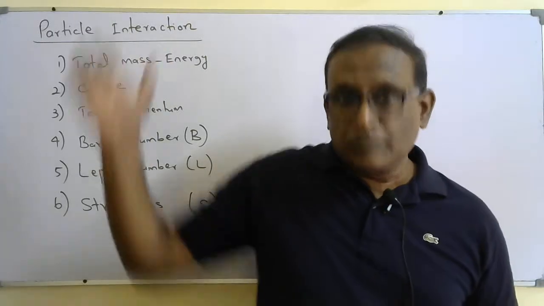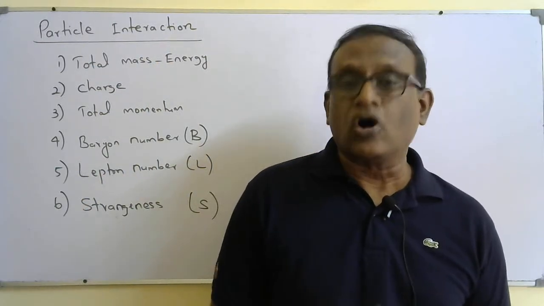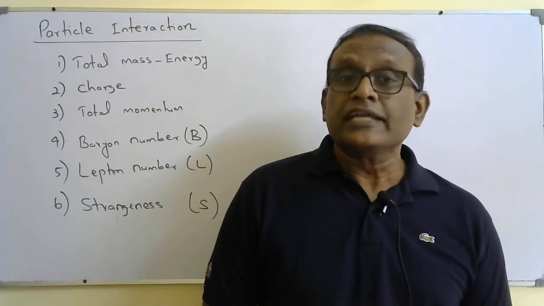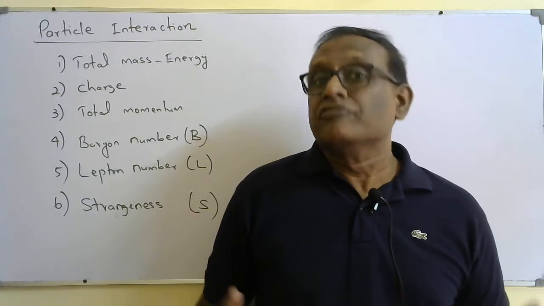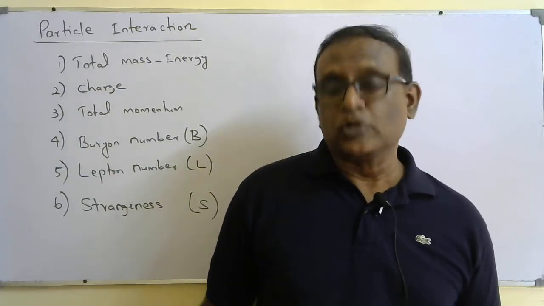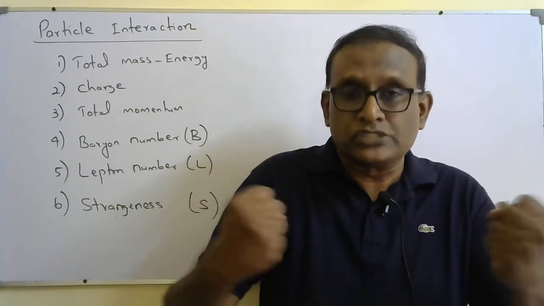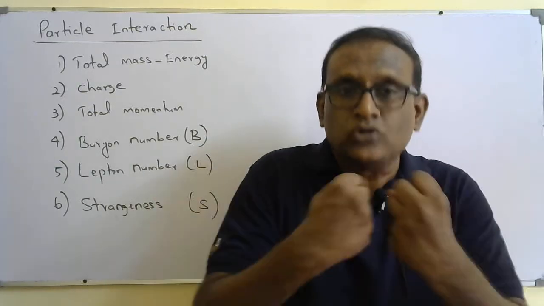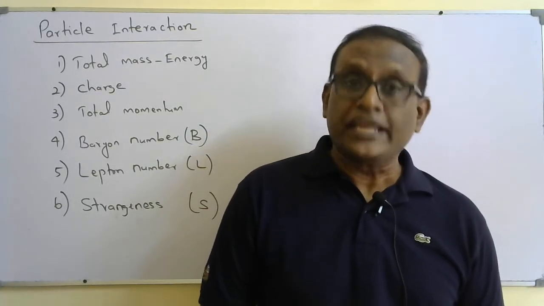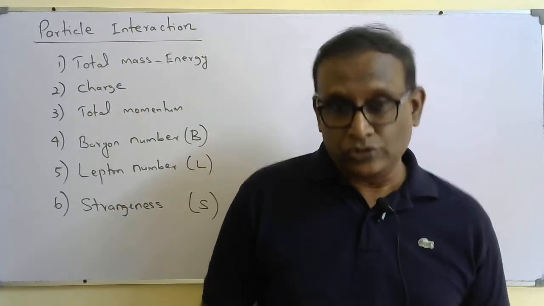Same way here, nuclear interaction happens due to either strong nuclear force or weak nuclear force. For example, nuclear fusion happens due to strong nuclear force, because the nuclei are bound together. During fusion, the hydrogen nuclei bind together, so the interaction is due to strong nuclear force. But in radioactive decay, emission of a beta particle is due to weak nuclear force.